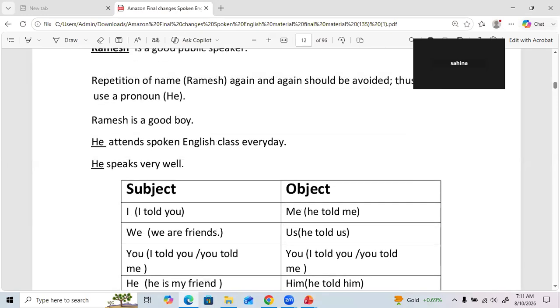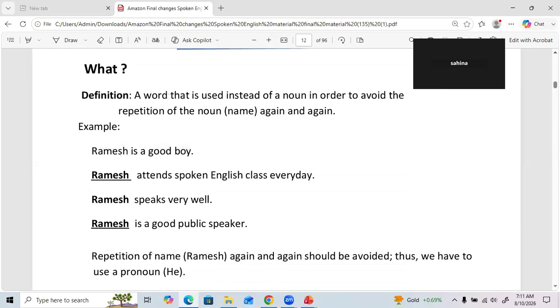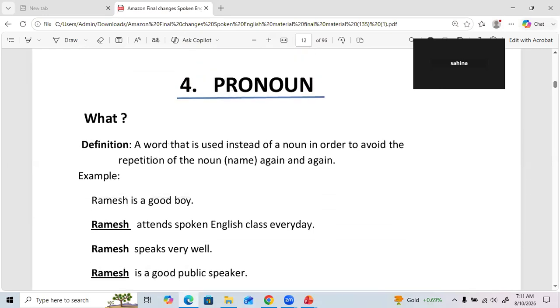So let's see what is pronoun and why we need to learn it. So what is pronoun? As everyone knows, it is used in place of noun. Fine. But the question is why we need to use it, and most of the books say that it is used to avoid the repetition.